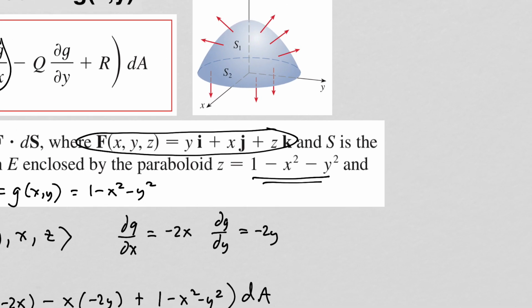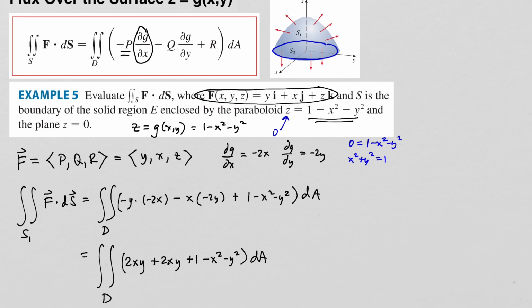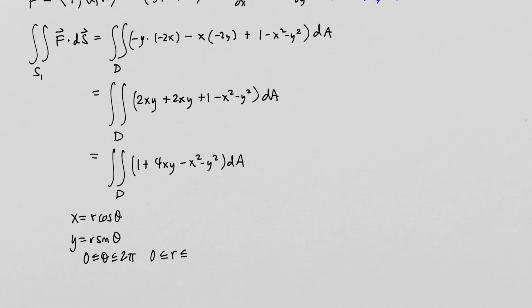If I let z equal 0 down here, we get 0 equals 1 minus x squared minus y squared, which is x squared plus y squared equals 1. So that's the unit circle. So yes, r is going to be between 0 and 1, as is often the case.